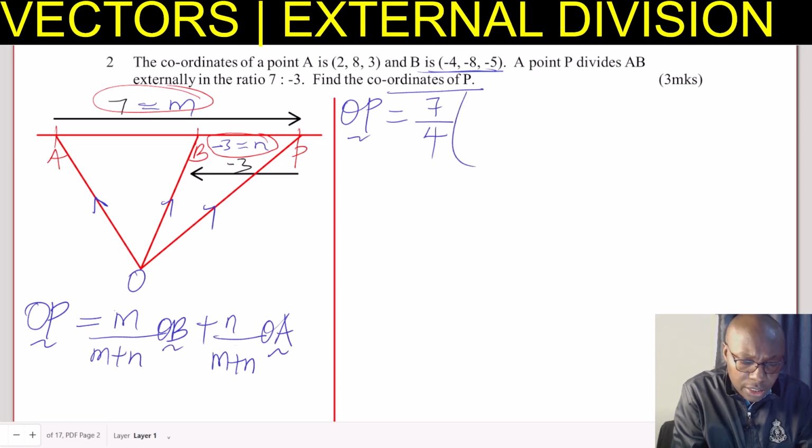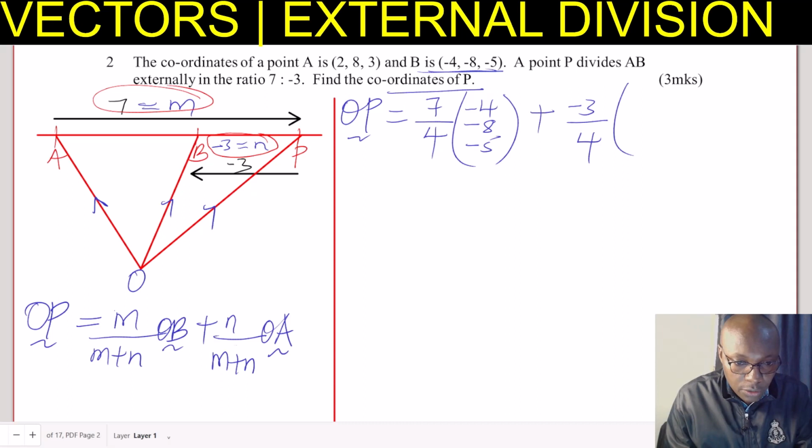So write that as a column vector: -4, -8, and -5, like that. And then plus N. N is -3. Remember that. -3 divided by M plus N, still that will give us 4. Then the column vector of A, that is OA. We're getting it from the coordinates of A. This will give 2, 8, and 3, like that.